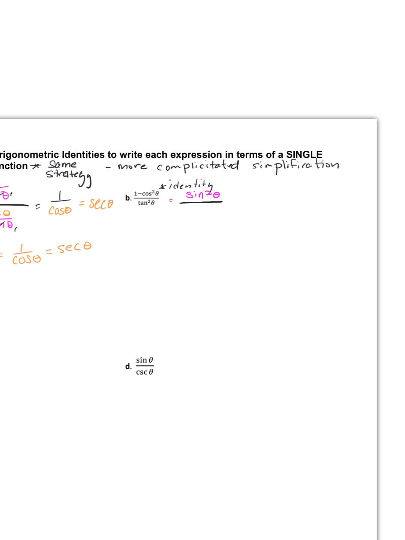All right, so tangent squared theta is sine squared theta over cosine squared theta. So this is not like the other one where the denominator is the same, because remember, this is technically over 1, so you can't do that. So I'm just going to go ahead and change it to sine squared theta times, remember, you're going to multiply by the reciprocal of cosine squared theta.